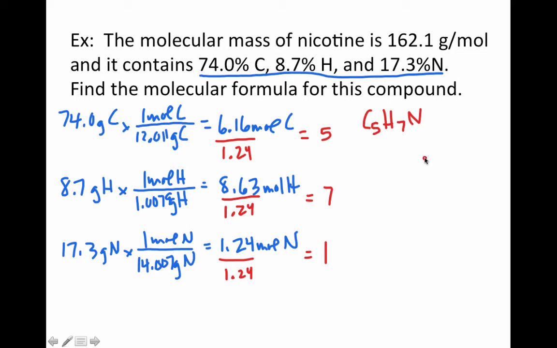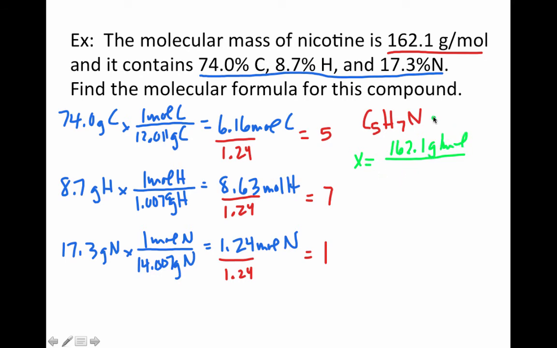Now I'm at the point where I started the last problem. I have my empirical formula and I have the molar mass of the molecular formula. So I can do my x equals equation. Let me get a different color pen. So we'll do x equals the molar mass of the molecular formula on the top, 162.1 grams per mole.